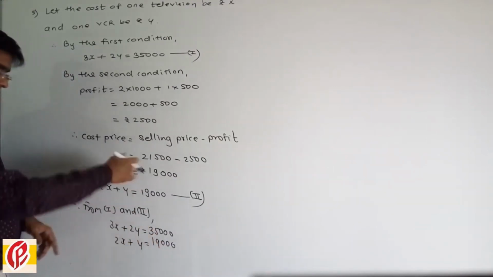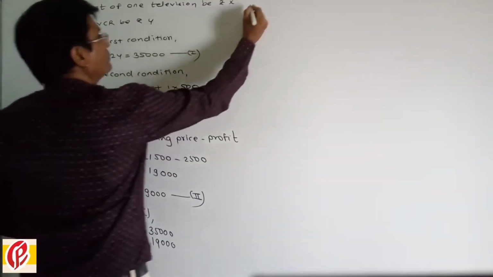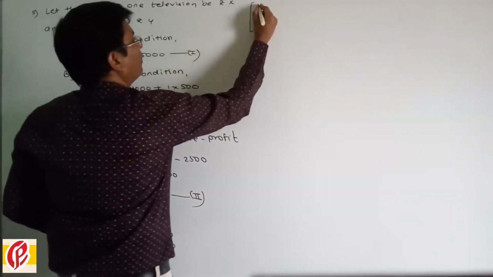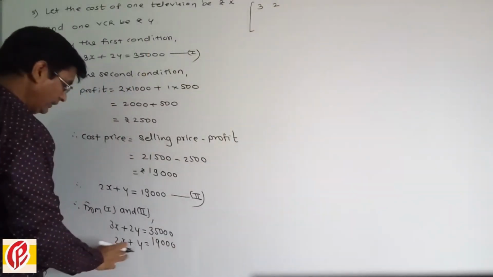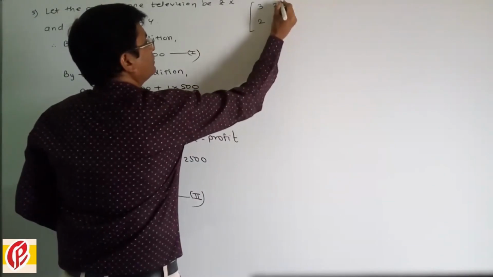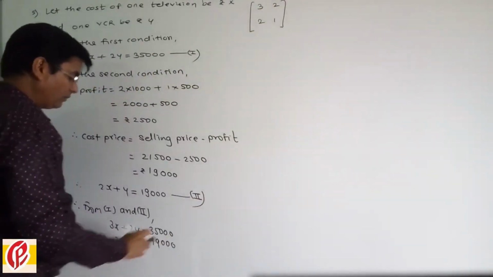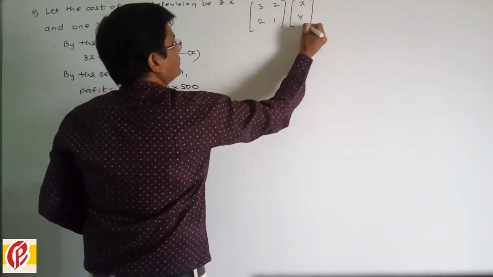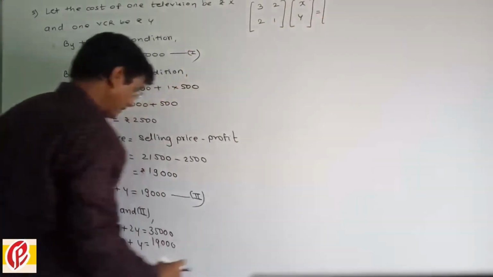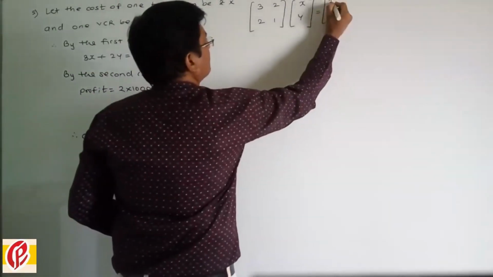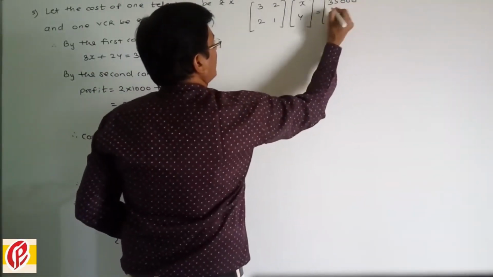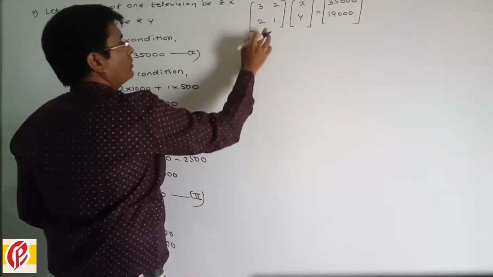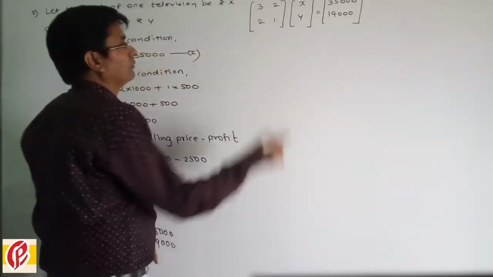Now I will convert this equation into matrix form. Therefore first matrix is the coefficient matrix 3, 2, then 2, 1 and variables are x and y, is equal to constant matrix 35,000 and 19,000.